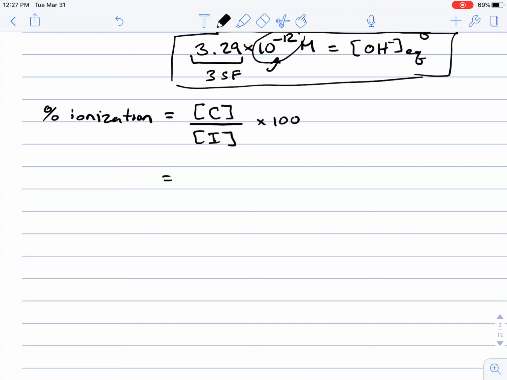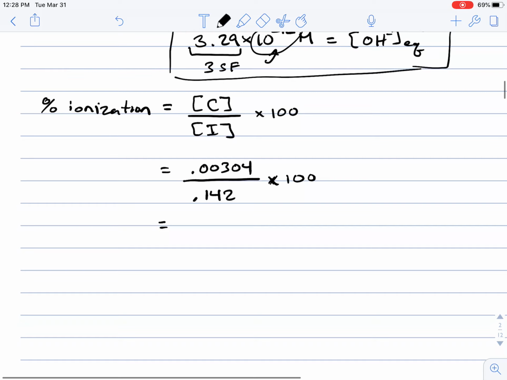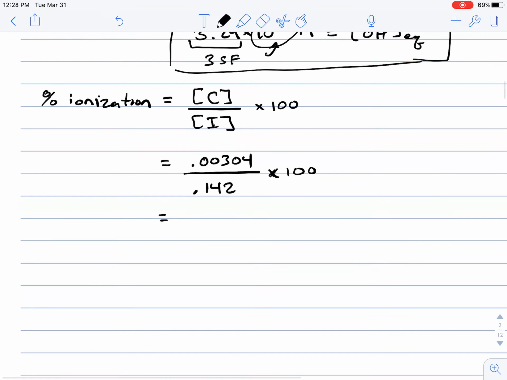So we're going to put in 0.00304, divide this by the initial concentration, which is 0.142, and then multiply that by 100 because we want to express this in terms of percent. If you type this into your calculator and press equals, the percent that we get is 2.14.